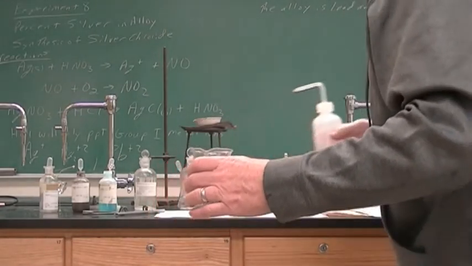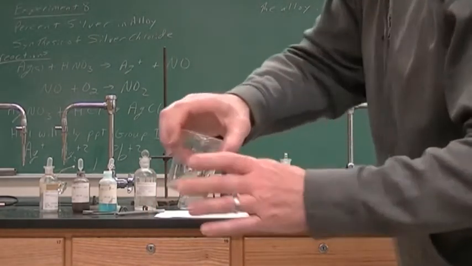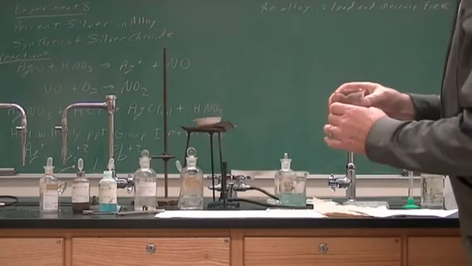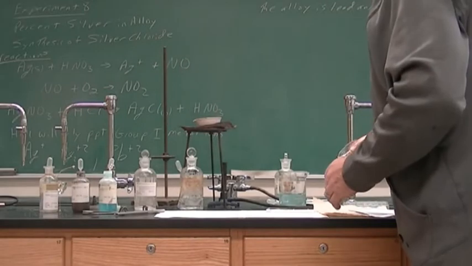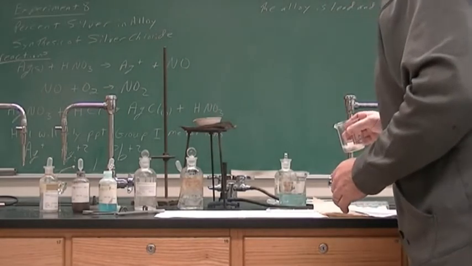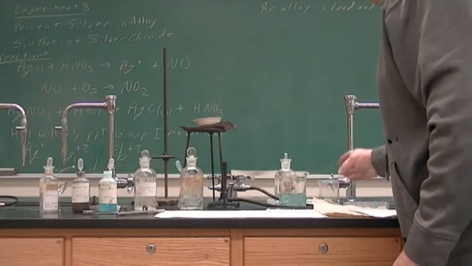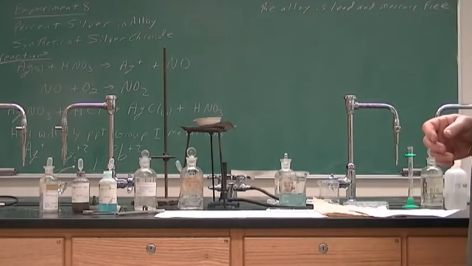And when you are making silver, you don't think that silver is going to look like this, but this is what our silver is going to look like. It's not the nice shiny coin metal that we get from this reaction. All right, and so I will let it set.